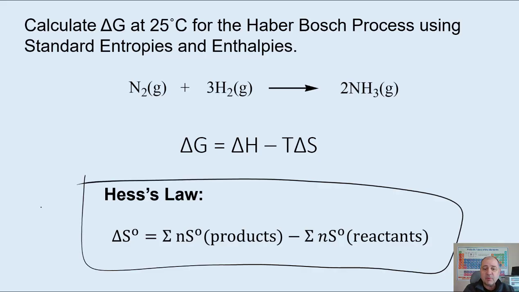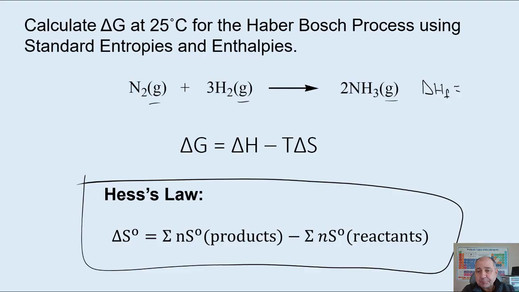And if it looks familiar to you, that's because we have done this before for enthalpies. You were able to calculate the delta H of formation for a process like this by using the tabulated standard enthalpies of the products and the reactants, and so the phase labels are important here.